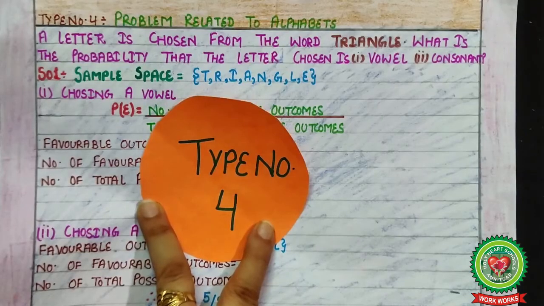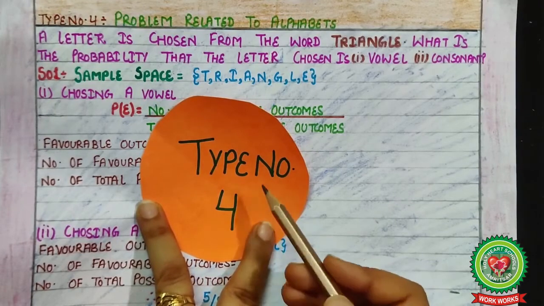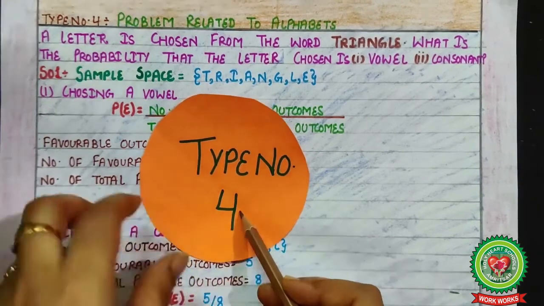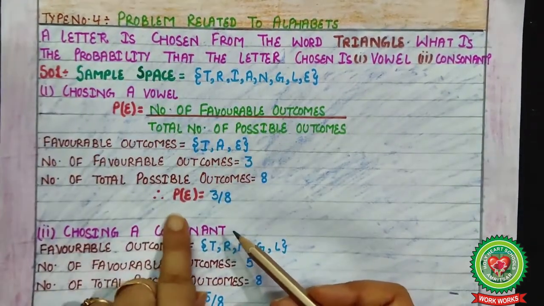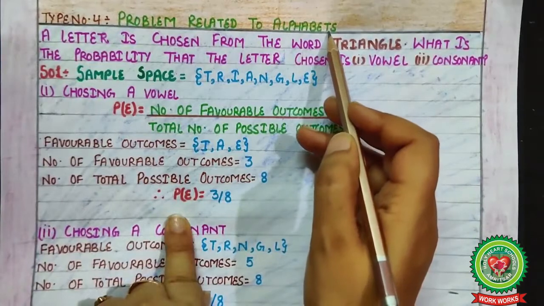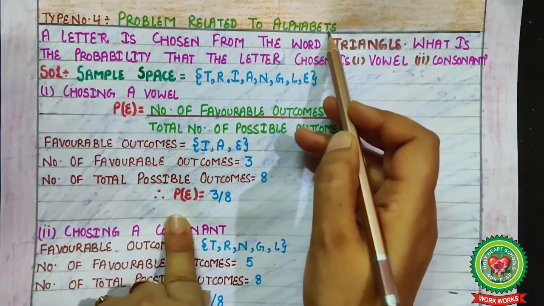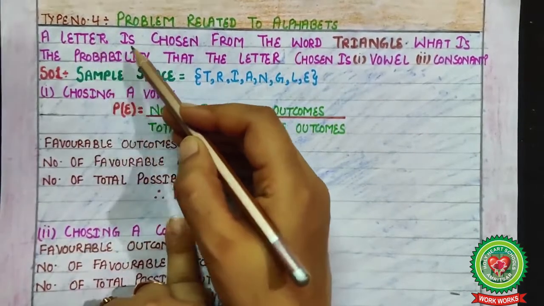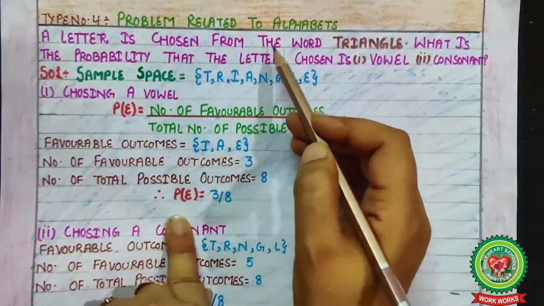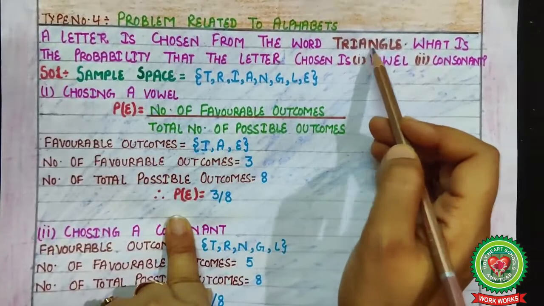Now students, let us start with the next type, type number 4, which is based on problems related to alphabets. Now read the statement. The statement is: a letter is chosen from the word triangle.